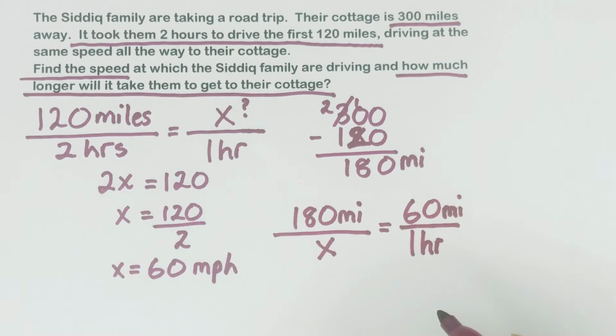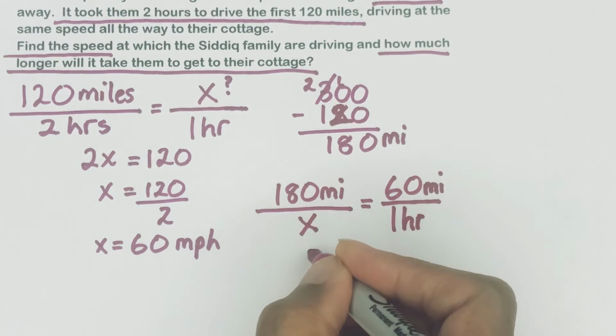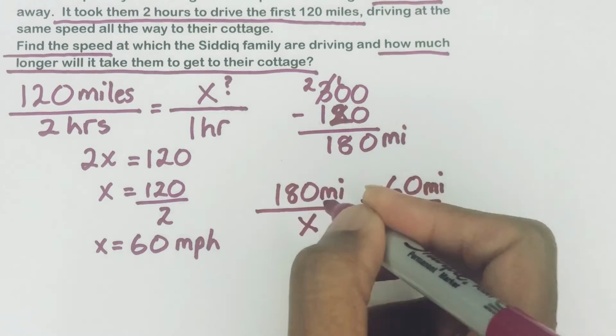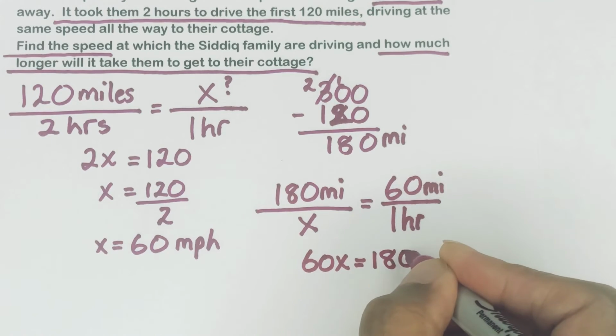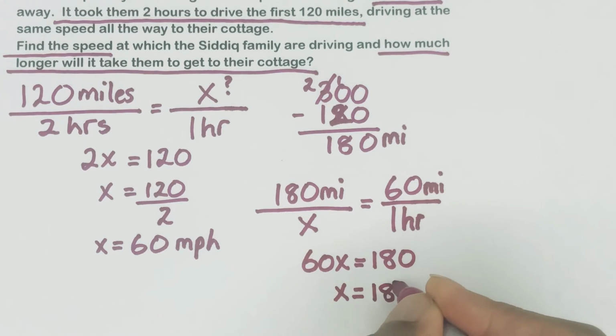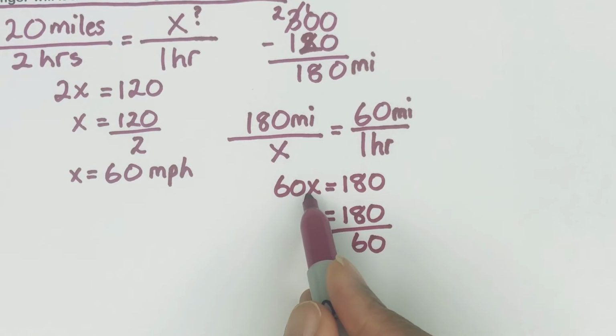Here we go again with a cross multiplication. So we have 60x, x times 60, and 1 times 180 is 180. Now we have to find out what the x is. We do the same thing we did: 180 divided by 60, because 60x is 60 times x.